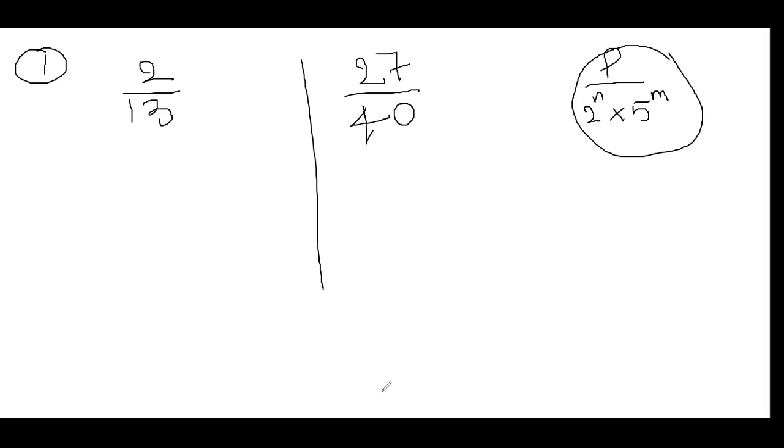Sir, 2 by 13 is a decimal. That's it? 2 by 13 is a what? Decimal. See, you read the word terminating. Pronounce it once again. My question is, out of these two, which one is a terminating decimal?